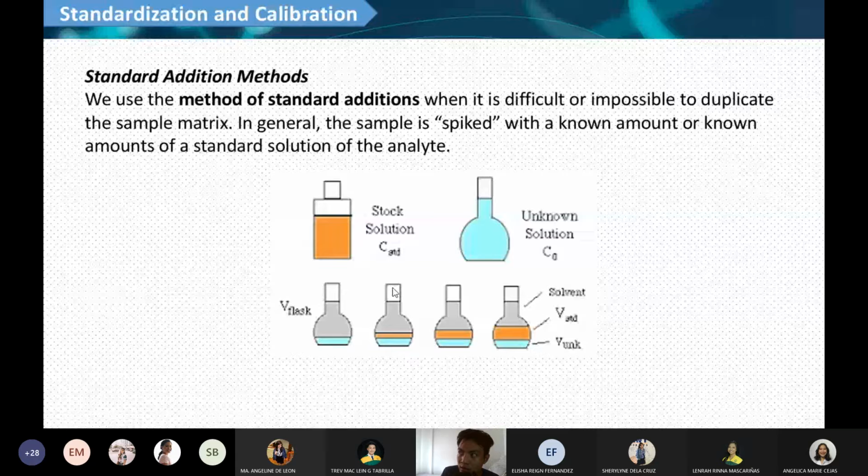By adding the standard solution, the reading for this solution will increase. By just determining how much the readings increased, you can get the concentration. You can use the dilution formula to measure that. However, we will not do that because BS Chem students usually do that. The concept is enough for us. If you do that, you will cry because there are so many equations involved.